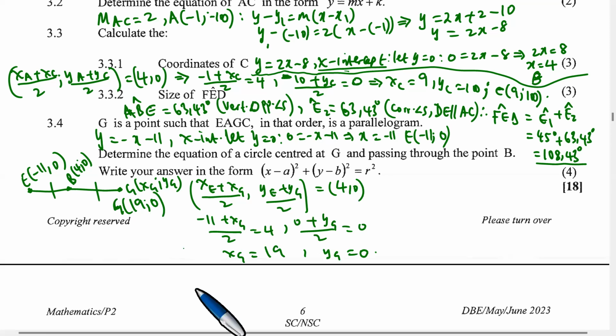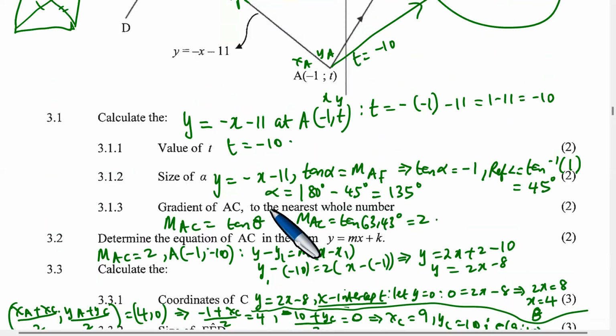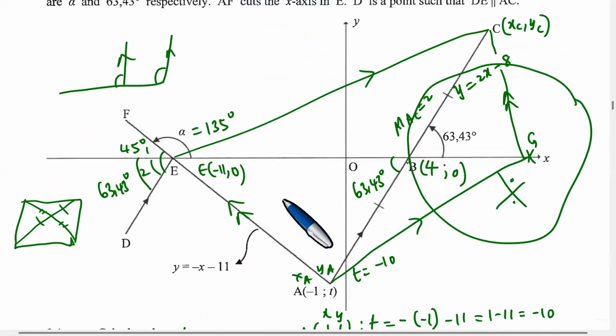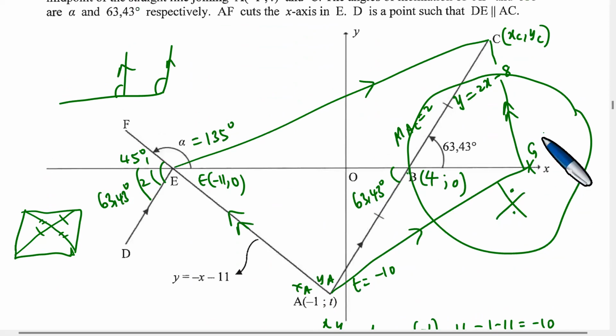This will be the coordinates of the point G. And then if that is true, then we would be interested in finding the equation of that circle. So 19 and 0, which means the coordinates of the point G are 19 together with 0.